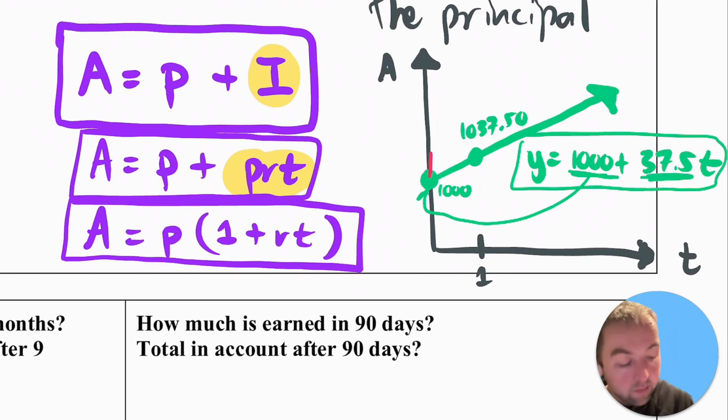And then your 37.5 is multiplied with the t variable. You can think of it as being x, which then has to be the slope. And that really is what's happening because it's going up 37.5 over 1 each time, right? So it does fit into what we know about linear equations.